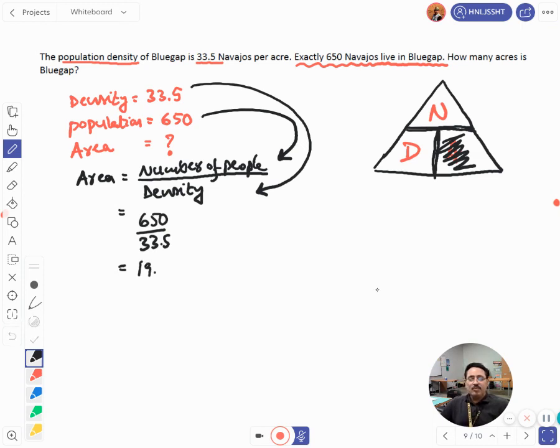It is 19.40. This is the area. You see that it's mentioned 33 per acre. Therefore, these many acres. This may not be the actual number. Just some numbers are taken in order to create the question. Okay. Any questions on this?